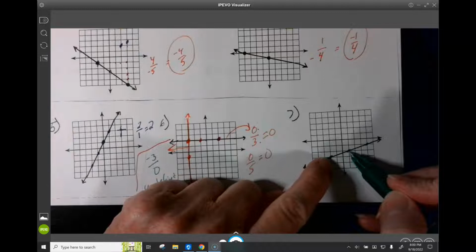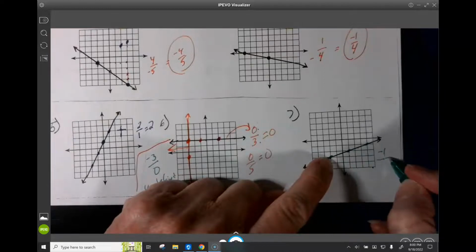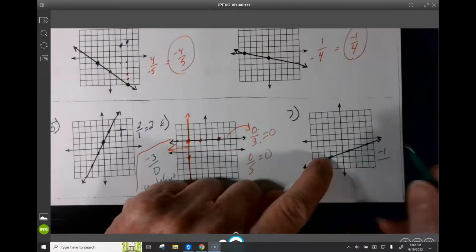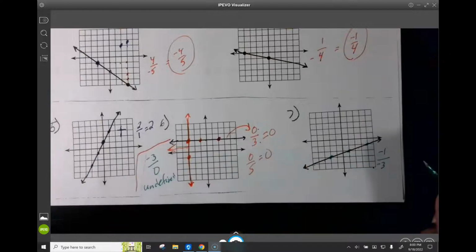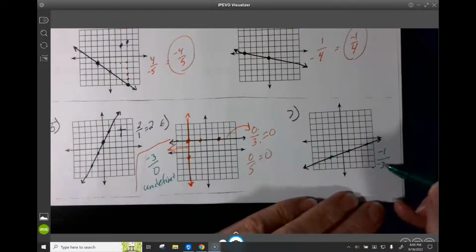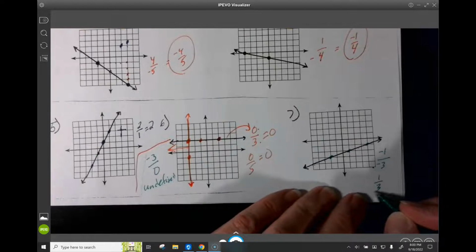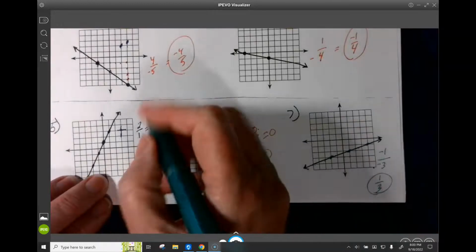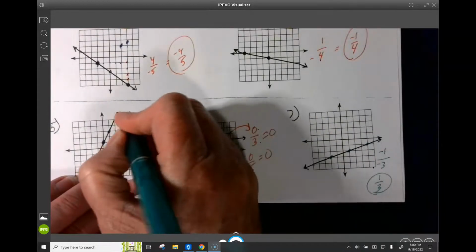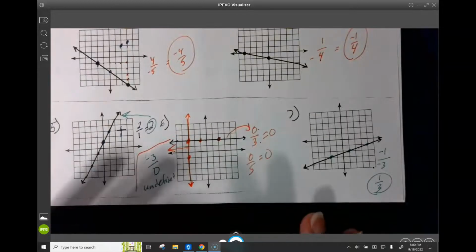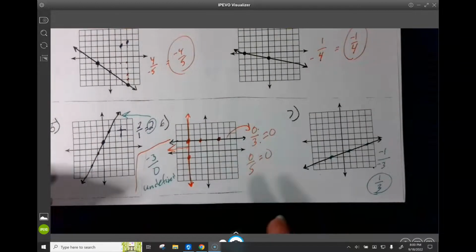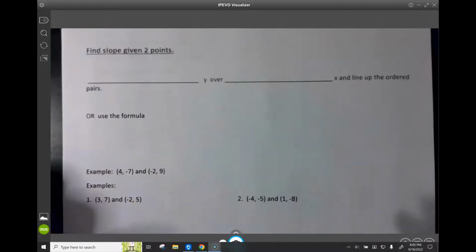I'm going to go down 1, and 1, 2, 3 to the left. So down 1, negative over negative is a positive, so my slope for this one is 1/3. Okay, that's how I find slope given a graph. So, we're not always going to have a graph, and you can see that would kind of be inconvenient.